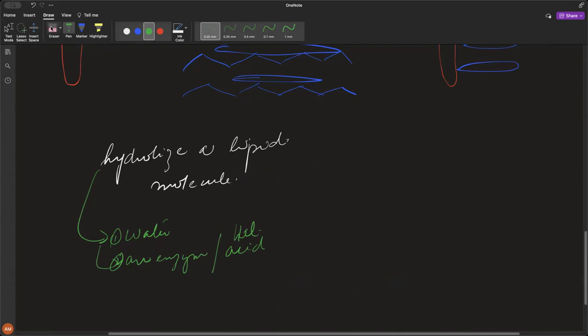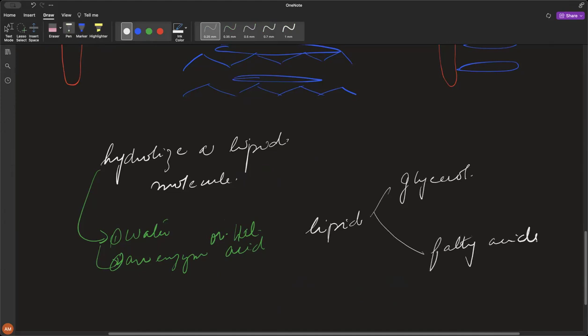Keep in mind, it could be or. So when the water and an enzyme are mixed with a sample containing lipid, it breaks the lipid down into two components. What is that? A glycerol and fatty acids. You understand? The reverse of condensation. You're going to get one glycerol molecule, three fatty acid molecules. This is clear?